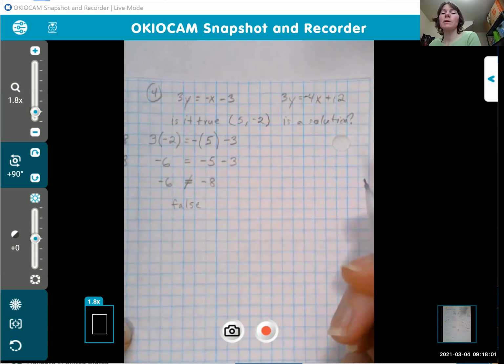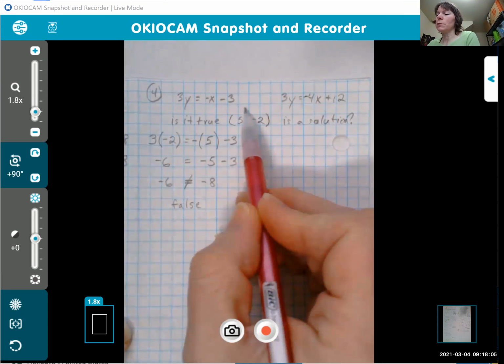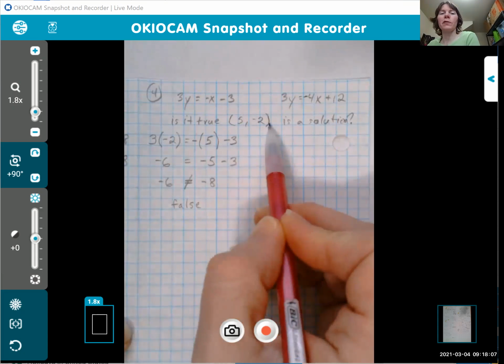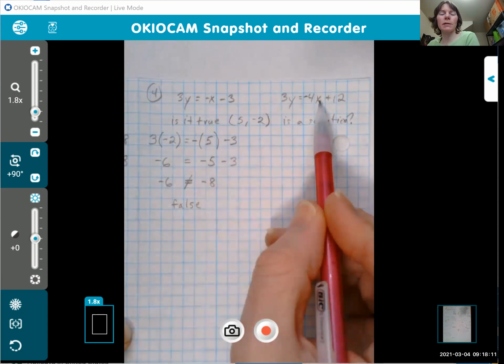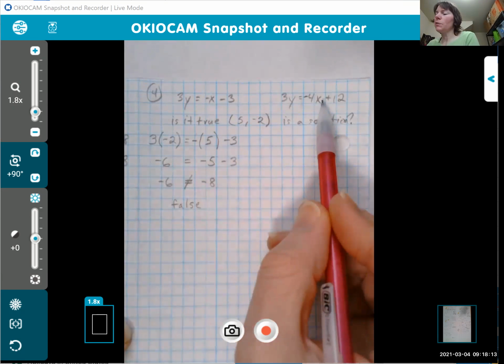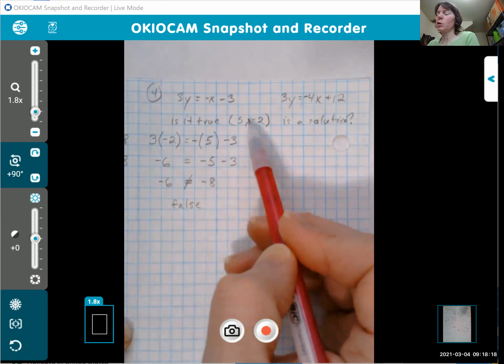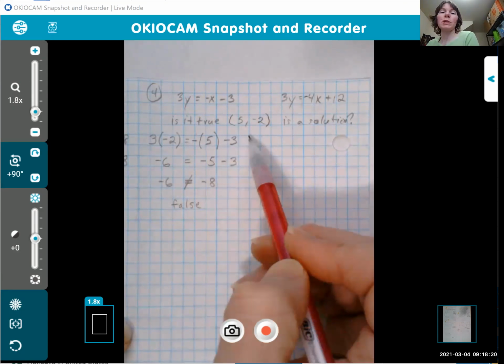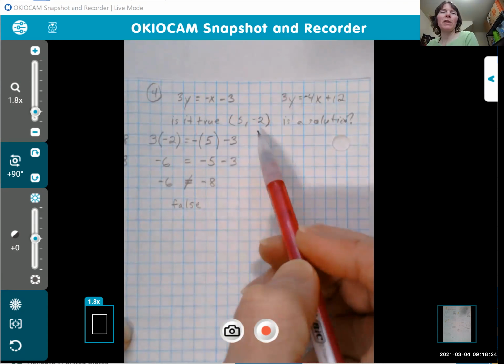You're absolutely correct. If you already know that this solution doesn't work in your first one, then it doesn't matter if it works in the second one, does it? Right? If this is not a true statement for the first equation, then it's not a true statement for the entire system. Does anybody have any thoughts on that?